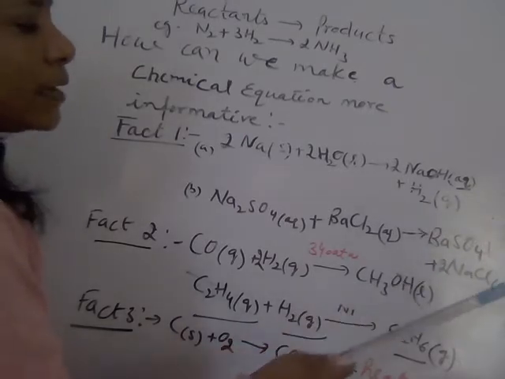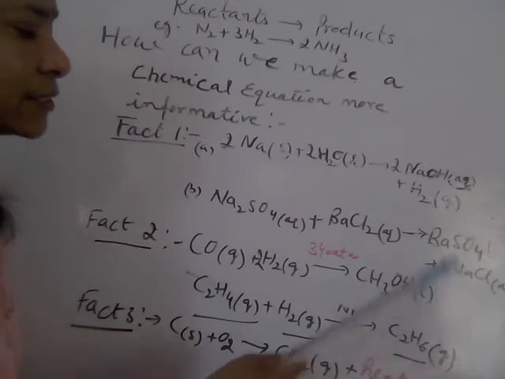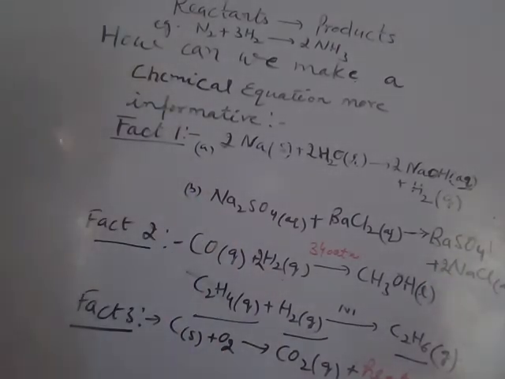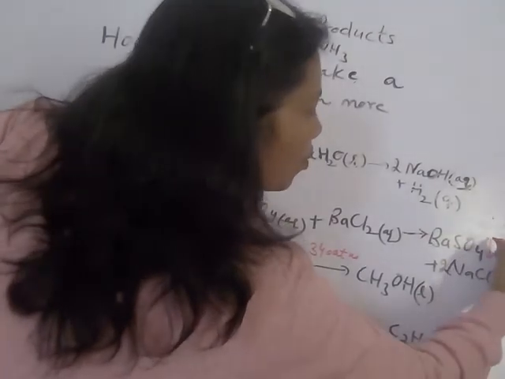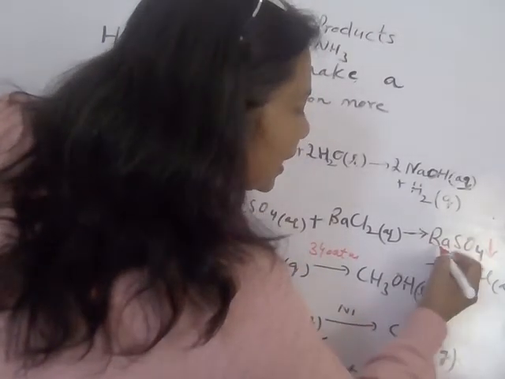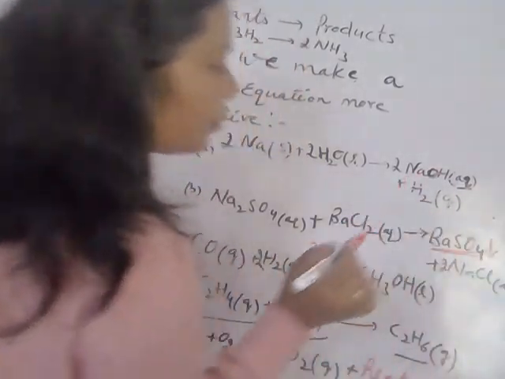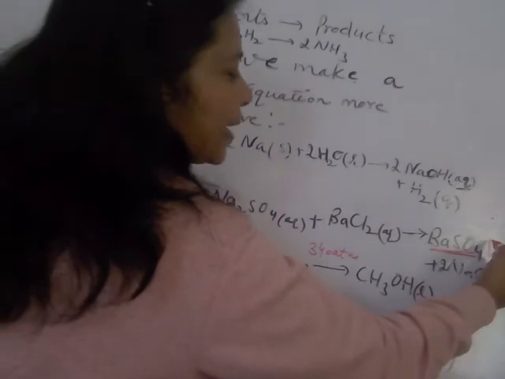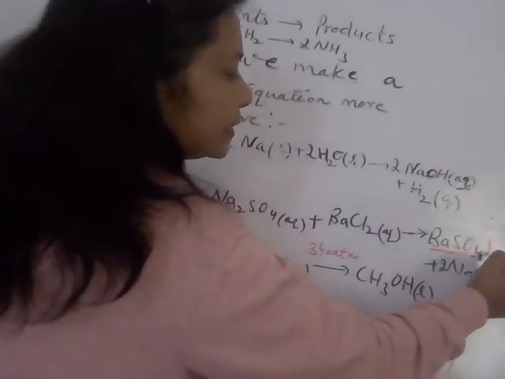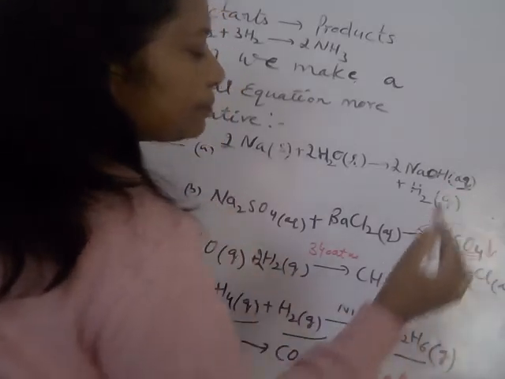So these come out in the form of precipitate, that is in the form of curd particles. So we can mention the precipitate formed with an arrow pointing downwards along with the formula of the product. In the chemical equation, this arrow pointing downward indicates that the product is in precipitate form.